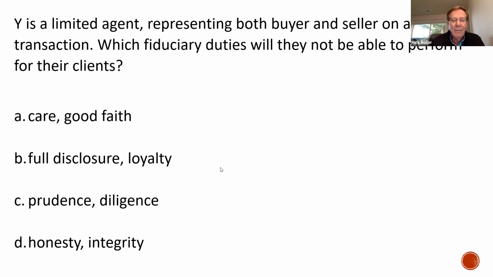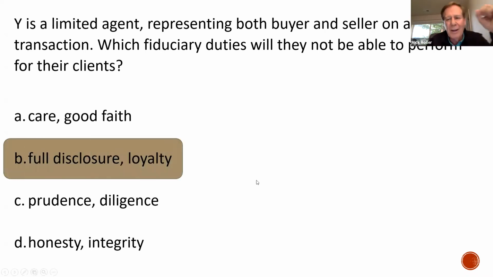When I'm talking about disclosure, I'm not talking about not disclosing a material fact. I'm talking about like, look, let's offer them 500 grand, but I'll go 550 if I have to. If the buyer told you that and you're representing the buyer, that's great.